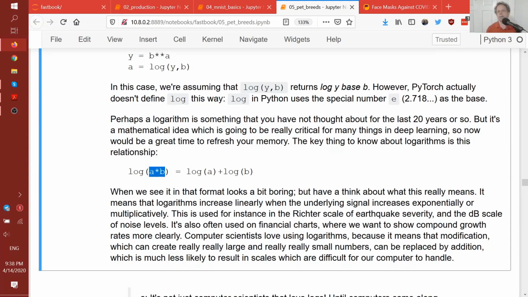It can get so big or so small that the precision in your computer's floating point gets really bad. Whereas this thing here, adding, is not going to get out of control. So we really love using logarithms, particularly in a deep neural net where there's lots of layers. We're multiplying and adding many times. So this tends to come out quite nicely.